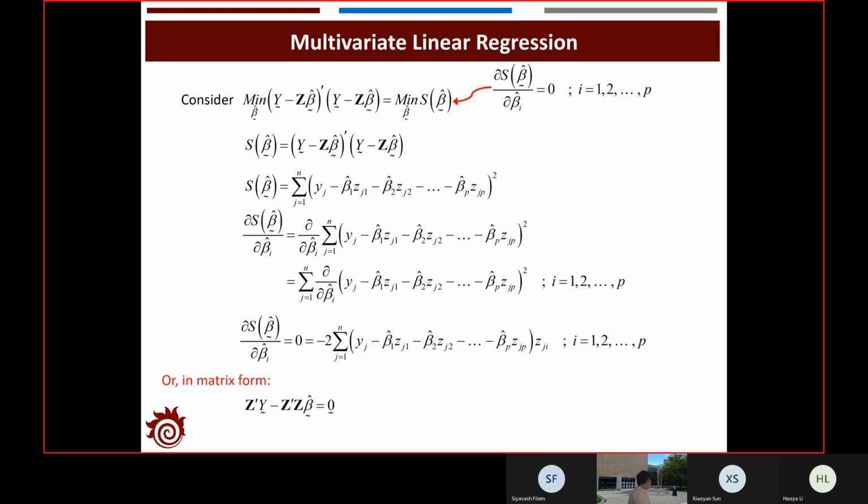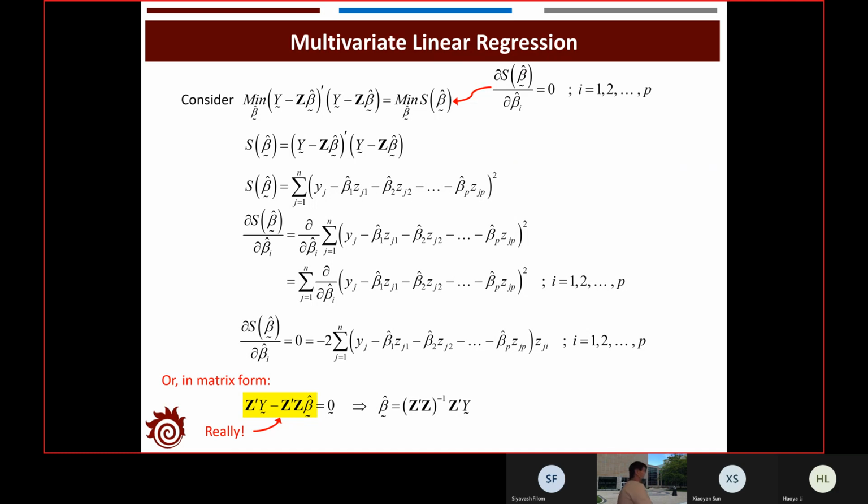So we can say that this first order derivation for the p variables can be simplified into the matrix format, and then the optimal solution of beta hat will be straightforward. You can quickly solve beta hat as z prime times z inverse times z prime times y. Here, z holds the observations of all the independent variables, and y is the dependent variable, the trip rate.